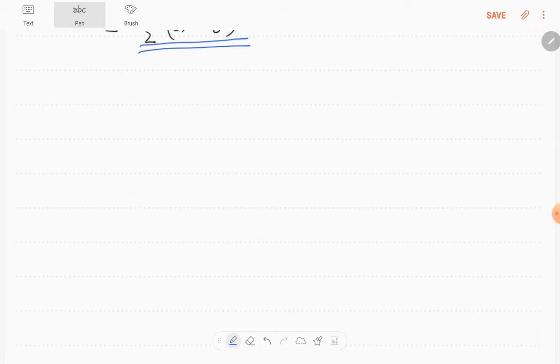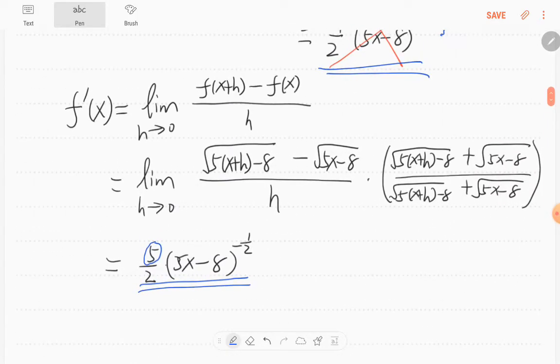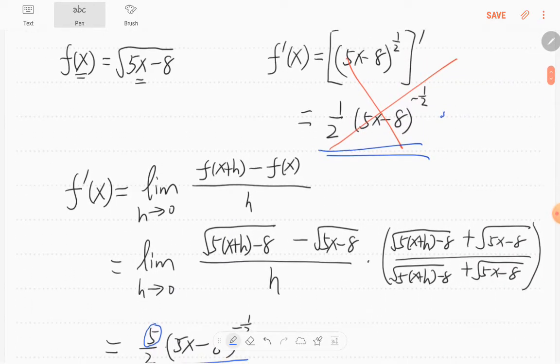Let's look at this one. This is actually the composition of two functions.